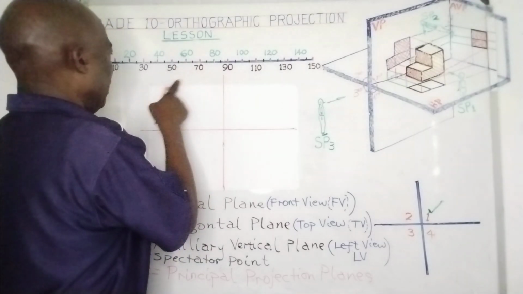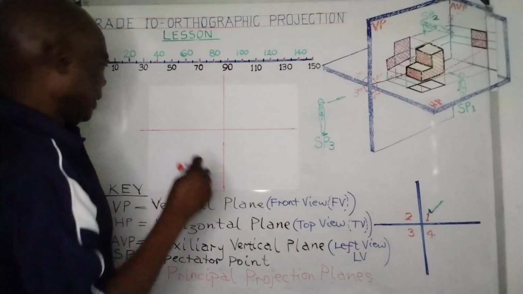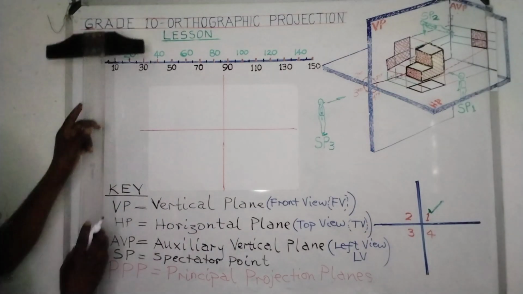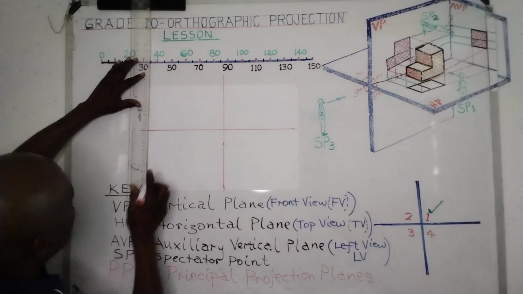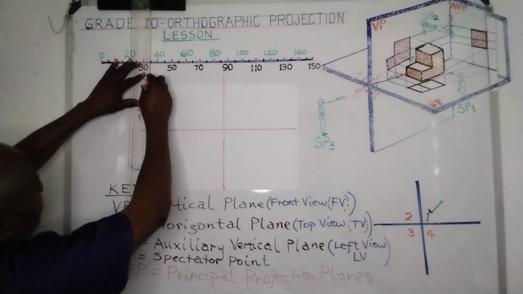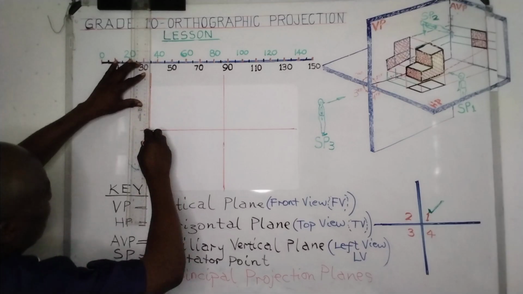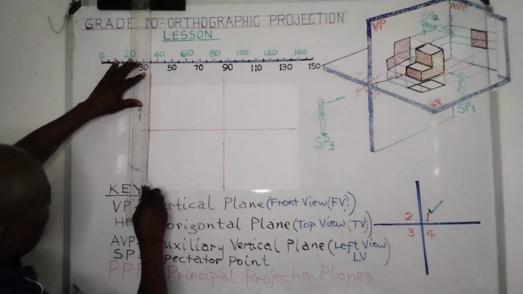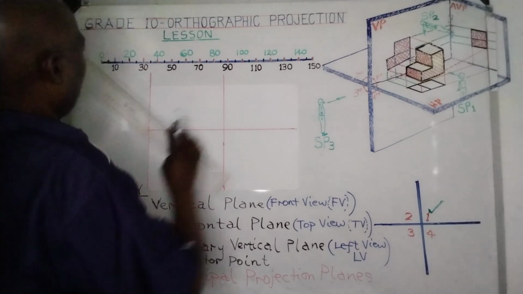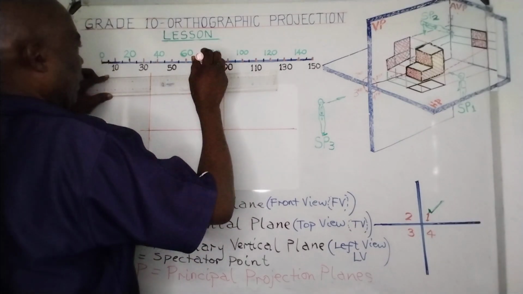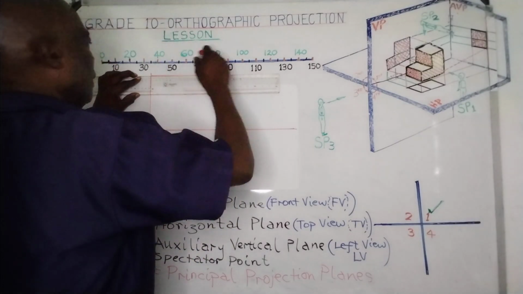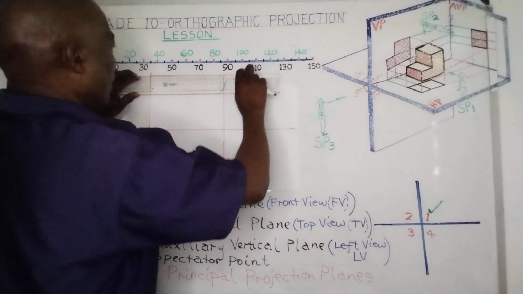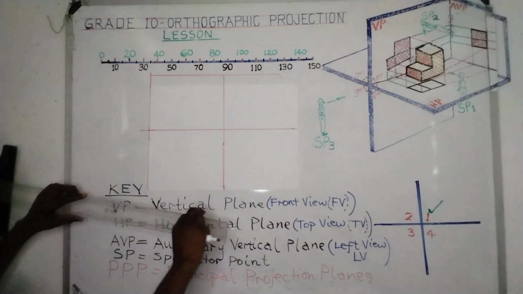Right, then it's this and that, and then this one is going to the right of the vertical plane. So this will be the auxiliary vertical plane, up to there. Right, so this one is the auxiliary vertical plane.